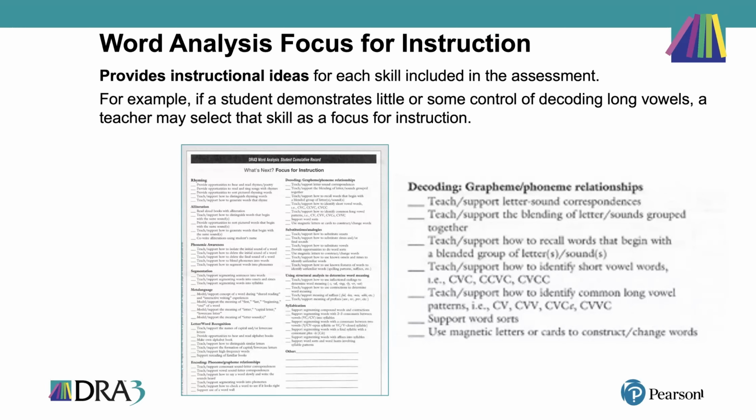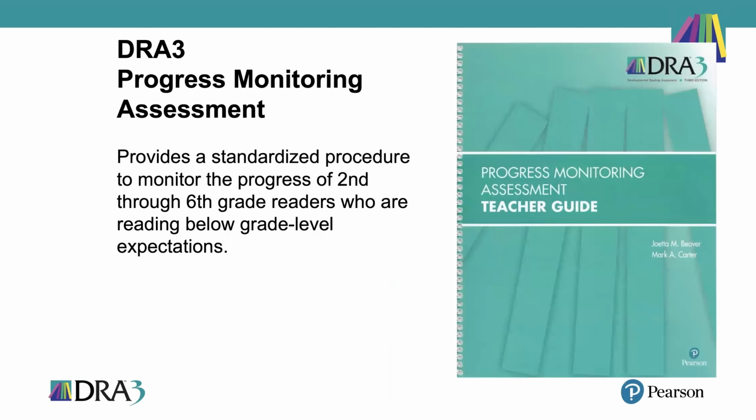In the context of reading connected text for meaningful purposes, developing readers not only become more proficient in using what they've learned, but also often extend their own learning. Another part of the DRA3 is the Progress Monitoring Assessment.